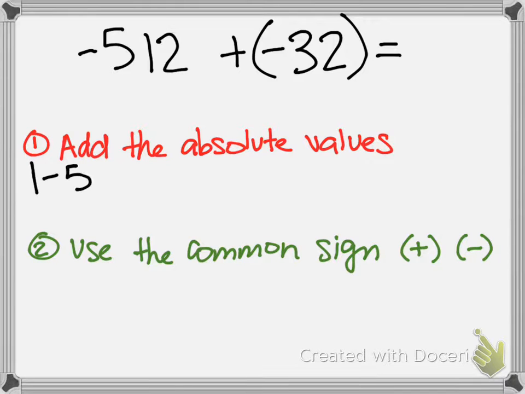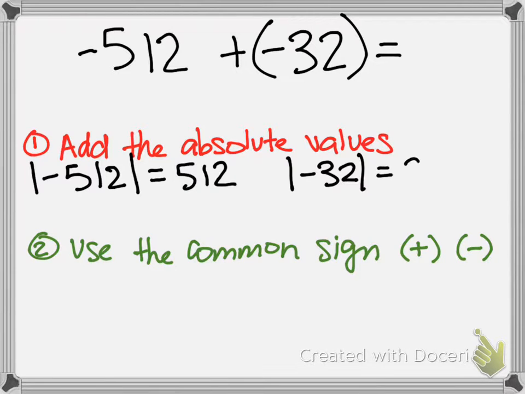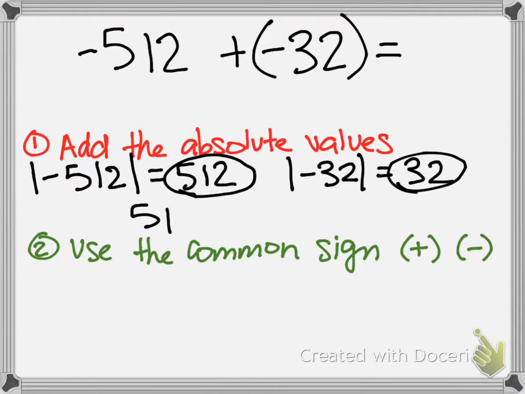So the absolute value of negative 512 is 512. The absolute value of negative 32 is 32. So I take those absolute values and I'm going to add them together, and that's going to give me 544.